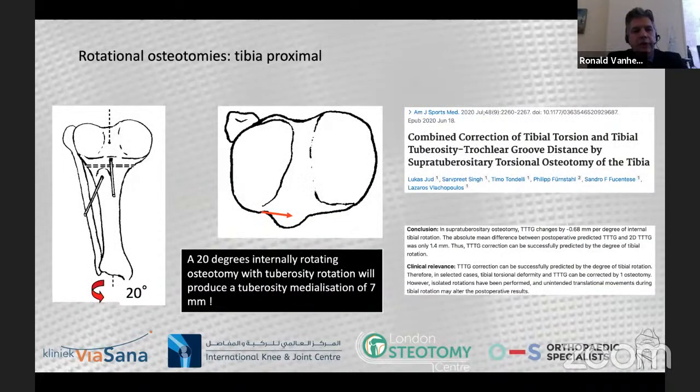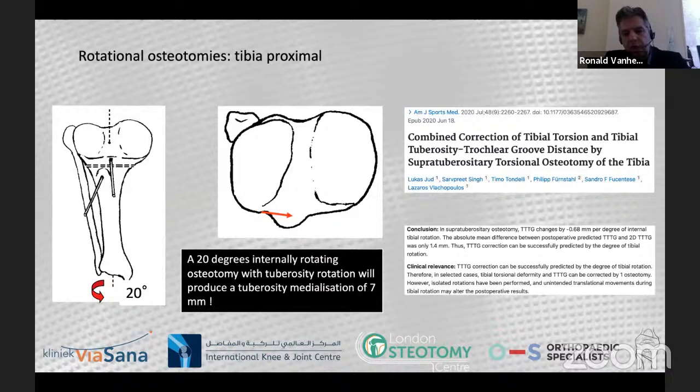This is a rule of thumb measure. If you look at a supratuberosity osteotomy and you rotate the foot and ankle inwardly from an external torsion position, in a normal diameter tibia, a 20 degrees internally rotating osteotomy with the tuberosity will produce a tuberosity medialization of 7 millimeters.